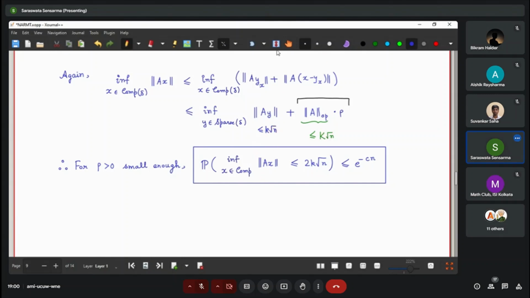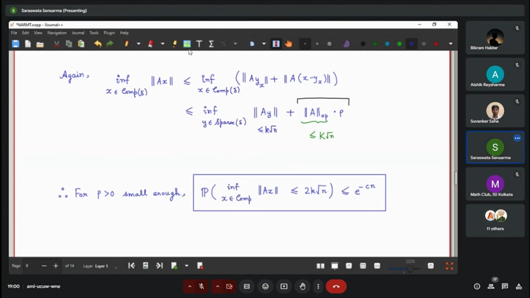So I should clarify a little. We need rho to be smaller than k root n. Sorry, we need k by capital K. That is what we need. There is no dependence on n, by the way. That is important. So this is the rho which works.